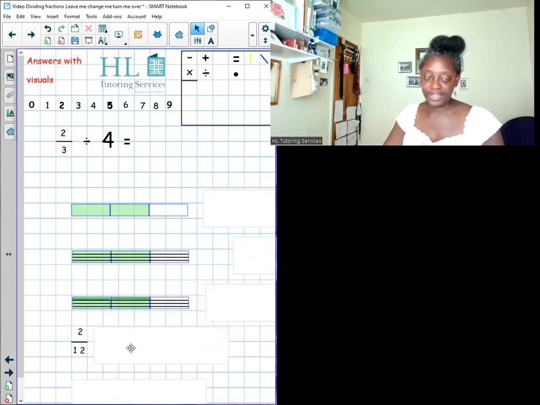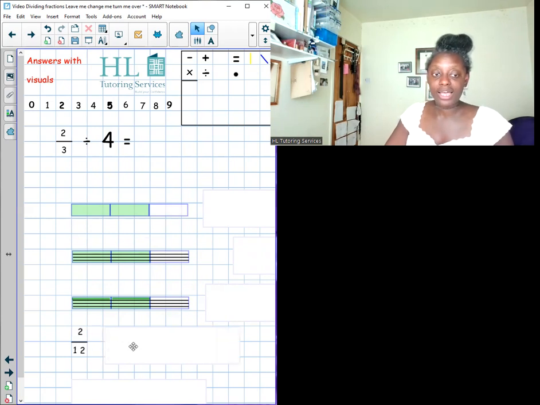But we can simplify 2/12. So I'm going to divide the denominator by 2, which will make 6. I'm going to divide the numerator by 2, which will make 1. So I'll end up with 1/6.